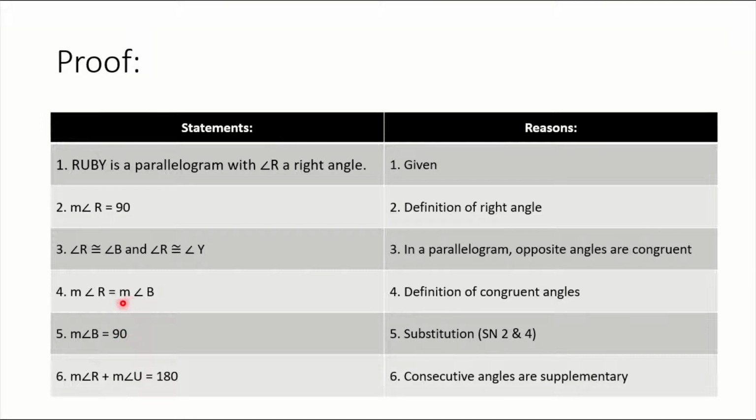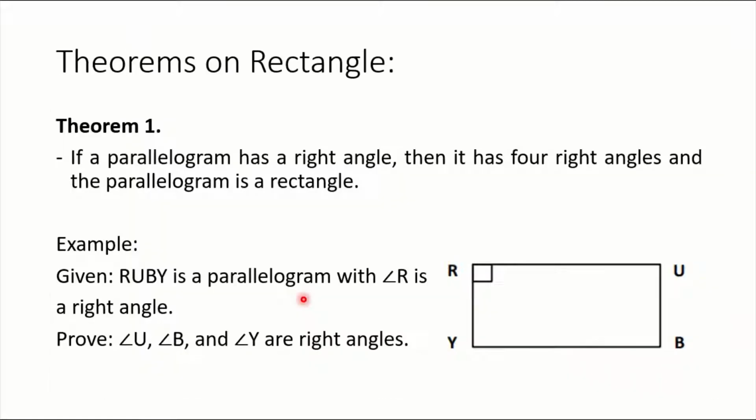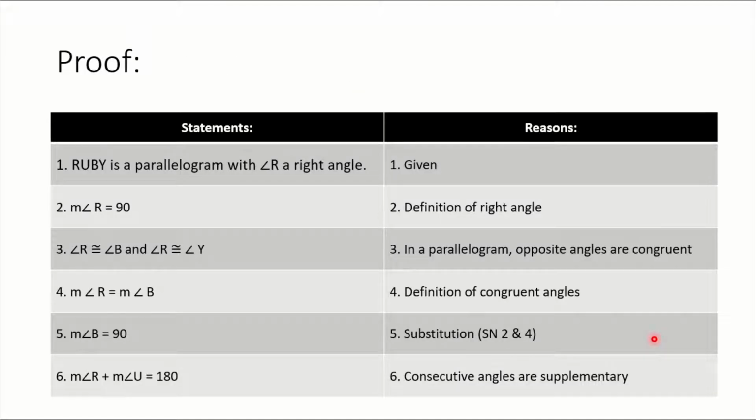Since angle R is 90 degrees and the measure of angle R is equal to the measure of angle B by definition of congruent angles because opposite angles are congruent. Therefore, if angle R is 90 and it is opposite angle B, they are congruent. If the measure of angle R is 90, therefore, the measure of angle B is also 90. So we have proved that angle B is 90.